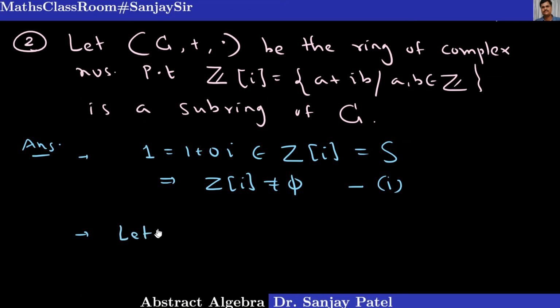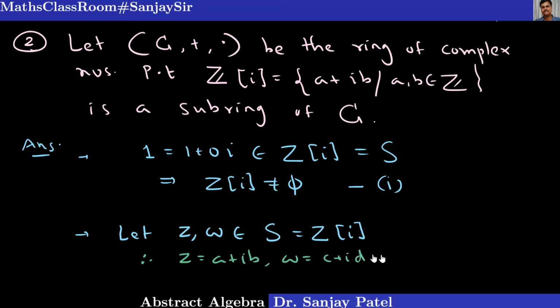So let's start with any two elements. Instead of A and B, I must use some other notation. Let Z and W belong to the set S equal to Z[i]. So I can take Z equal to a plus ib and W equal to c plus id, where a, b, c, d are obviously integers according to this condition.